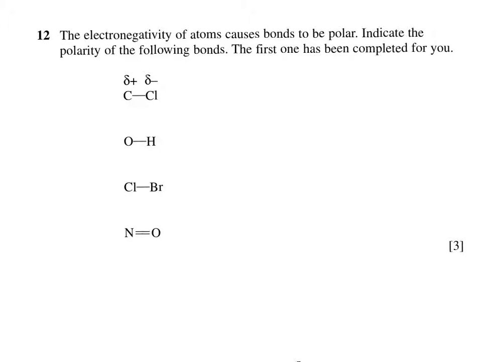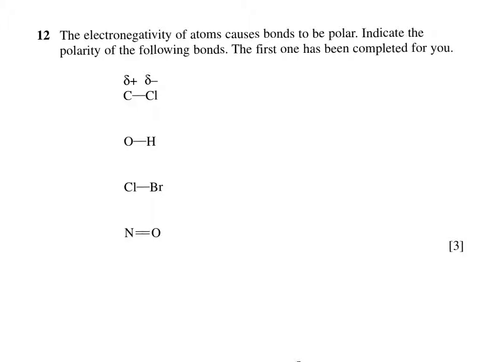Question 12 is talking about dipoles within a bond. And for this question, all you need to do is to decide which of the 2 elements within the bond has a higher electronegativity. So the first one has been done for us. Chlorine has a higher electronegativity than carbon, and so chlorine has the delta negative charge.